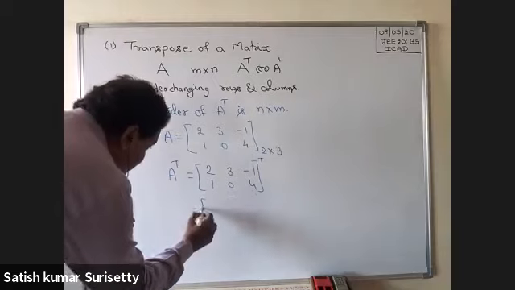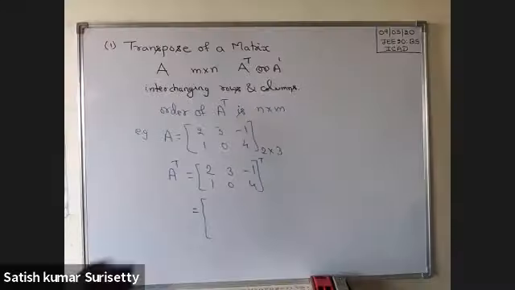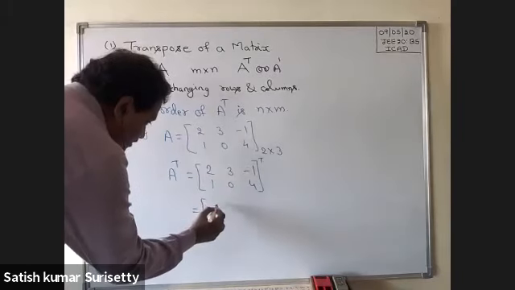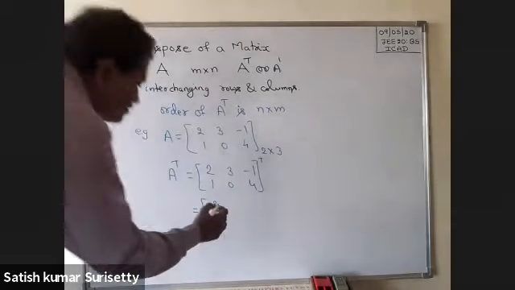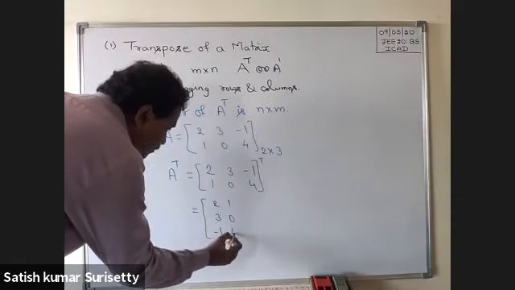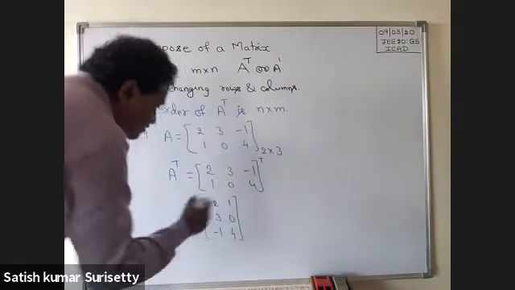Now you write. Interchange the row with the column. Now, that means the row is 2, 3, minus 1, and now the column is 2, 3, minus 1. 1, 0, 4. Now what will the order become? 3 by 2.